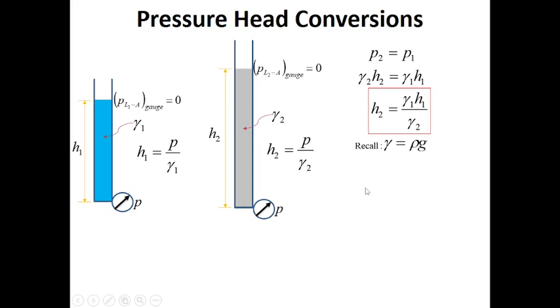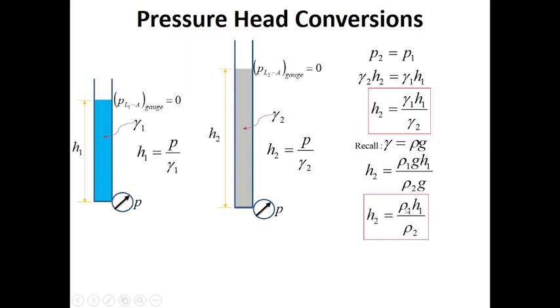Recall also that the specific weight of a substance can be obtained by multiplying the density of the substance by the acceleration due to gravity g. So h sub 2 is equal to, with specific weight gamma equals rho times g, rho 1 g, that is gamma 1 times h1, all over gamma sub 2, that is density rho 2 times g.